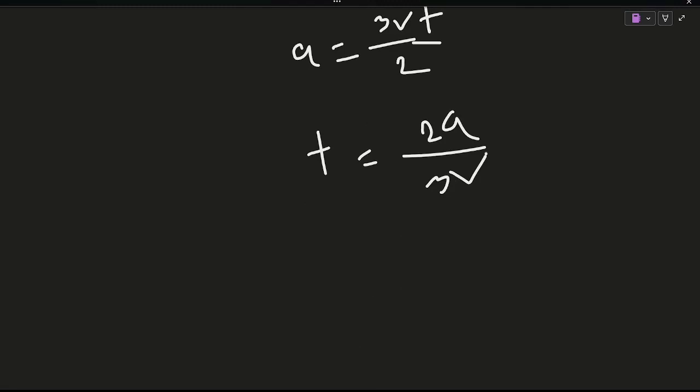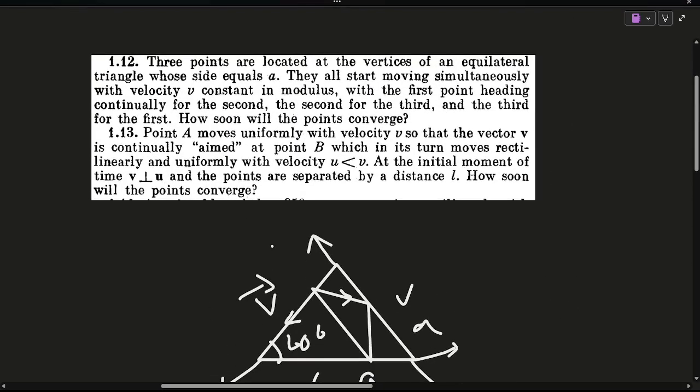Point moves uniformly with velocity v, aimed to turn rectilinear uniform velocity. Okay, how soon will they converge?